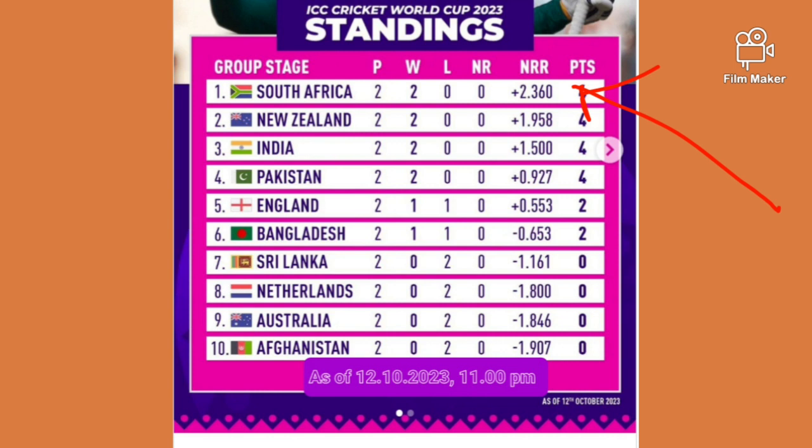We will calculate all these 3 net run rates for this tournament.